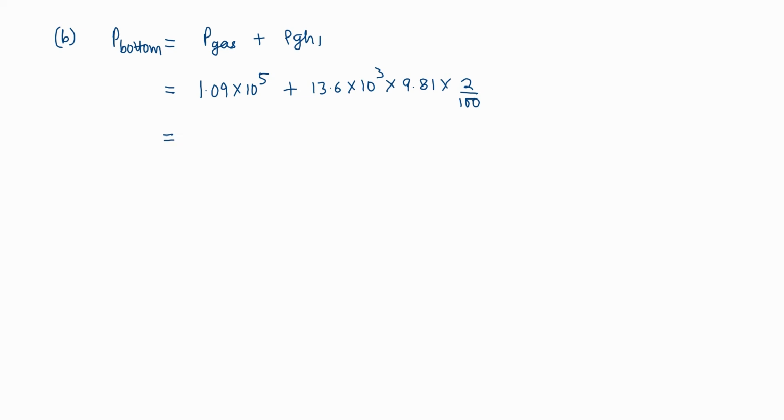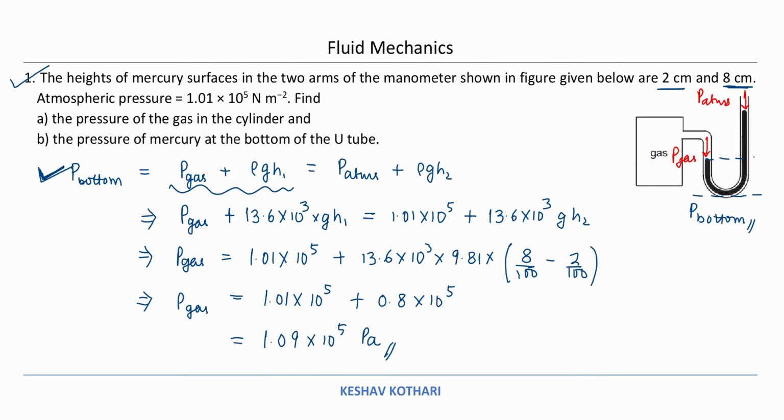The value turns out to be 1.12 × 10^5 Pascal. So this is the pressure at the bottom of the U-tube vessel. We have successfully calculated both parts: the pressure of the gas in the cylinder and the pressure of mercury at the bottom of the U-tube manometer.